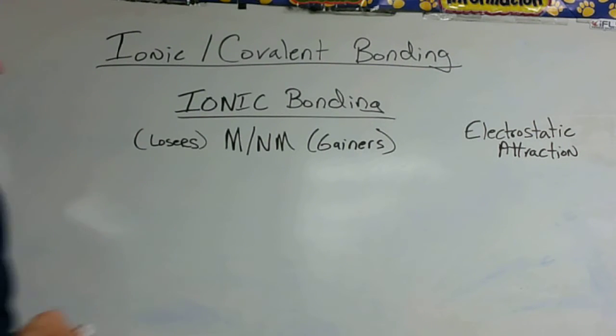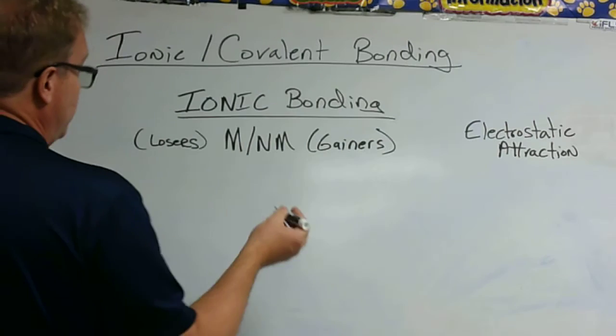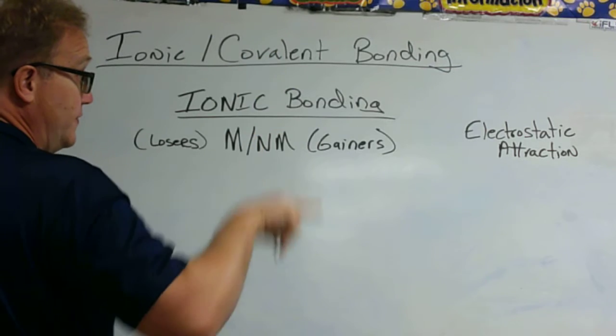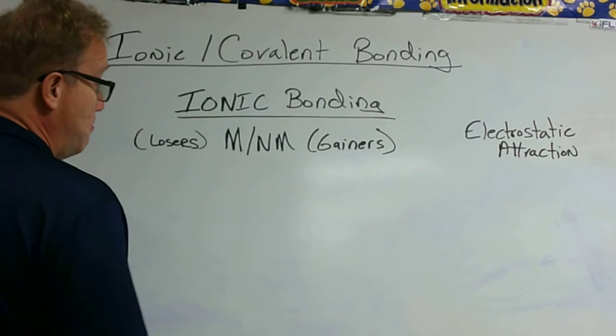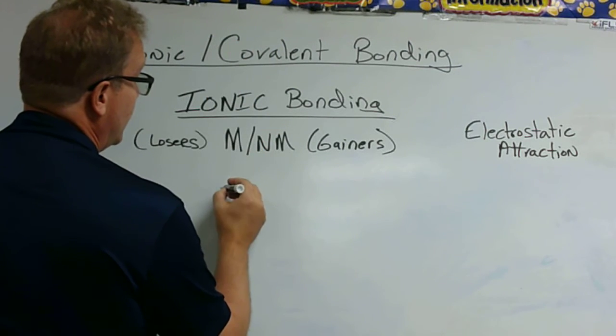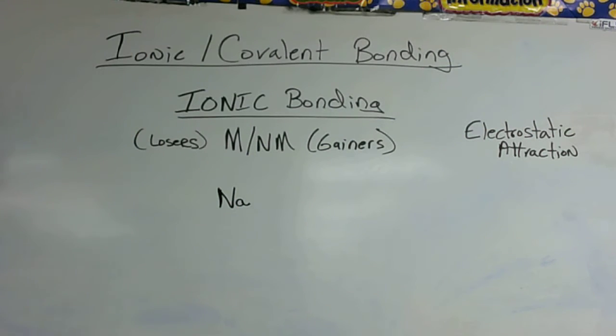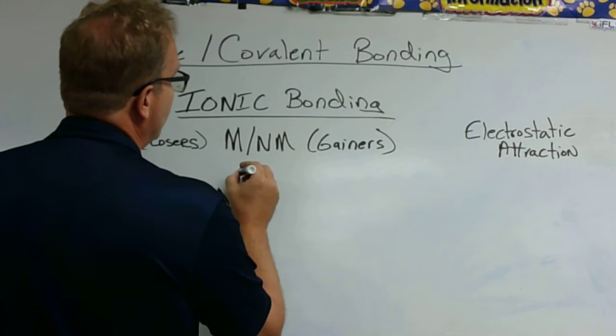And basically what you do is, let's say we do something in group 1, because all the ones in that column have the same properties, and I'm going to use Na. If you look at your chart, you have a positive 1.